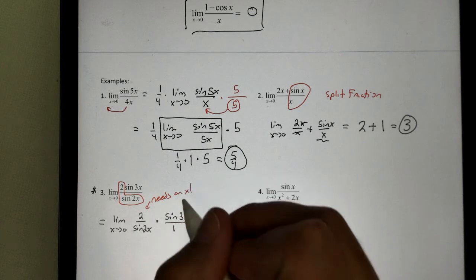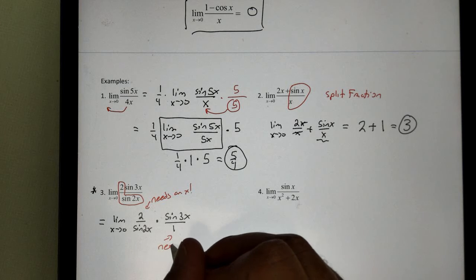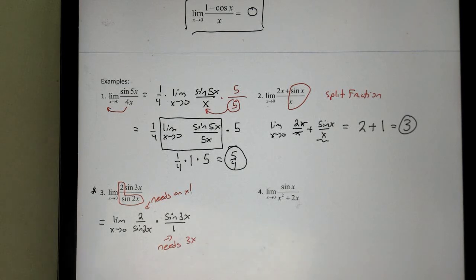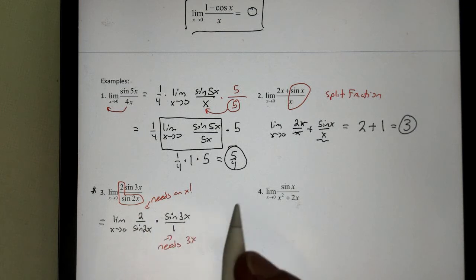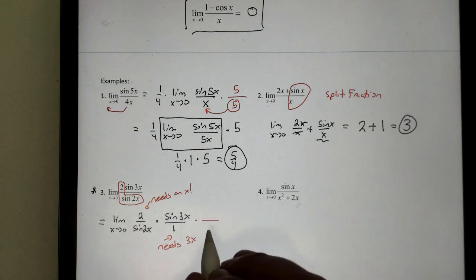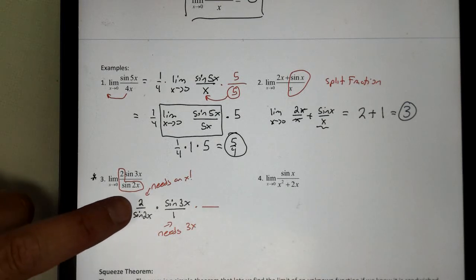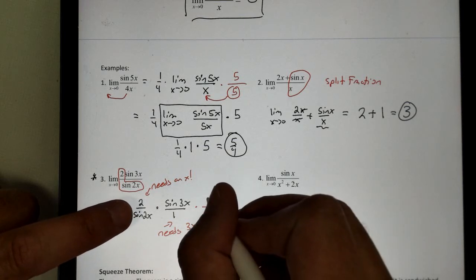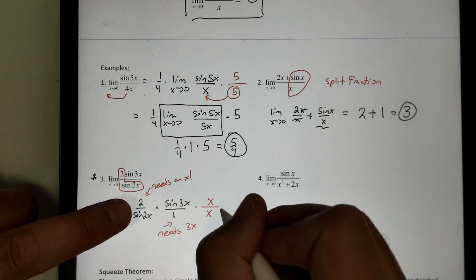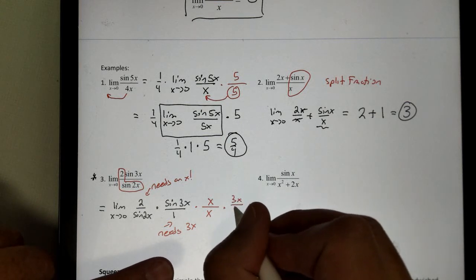This one needs a 3x. If this had an x, this would be 1. If this had a 3x on the bottom, it would be a 1. And I can easily get those by using what I know from math. If I multiply the top and bottom by the same number, I really don't change the fraction. So because this needs an x, I just multiply both top and bottom by x. Because this needs a 3x, I just multiply top and bottom by 3x.